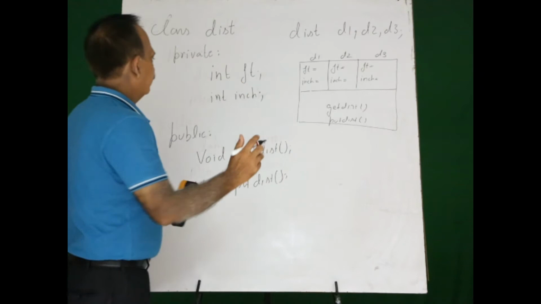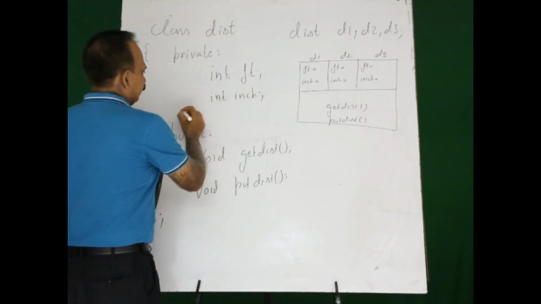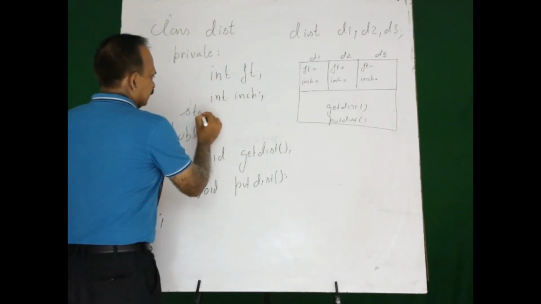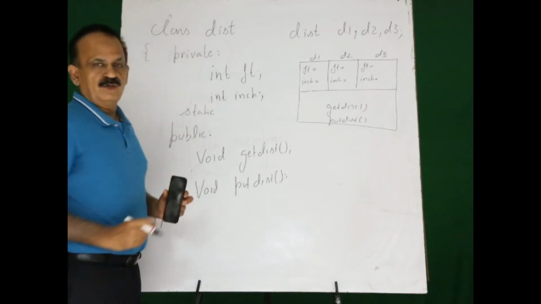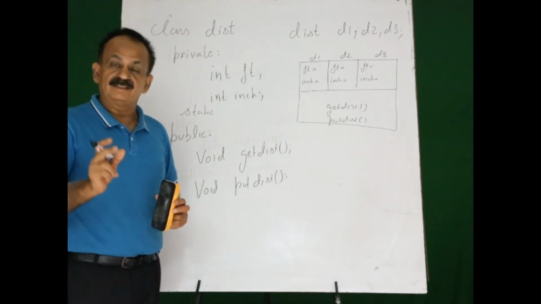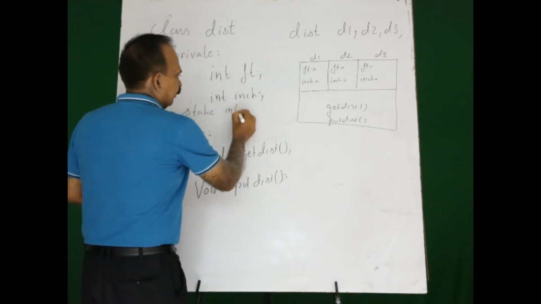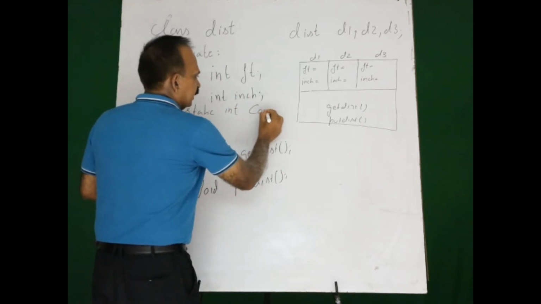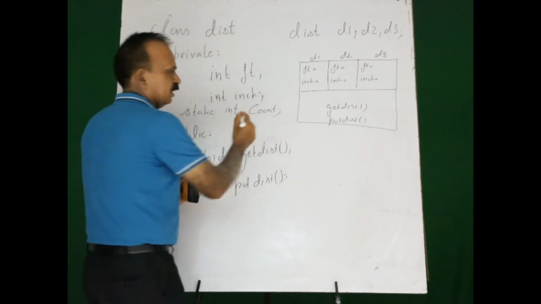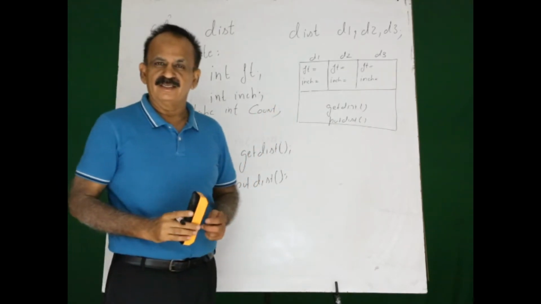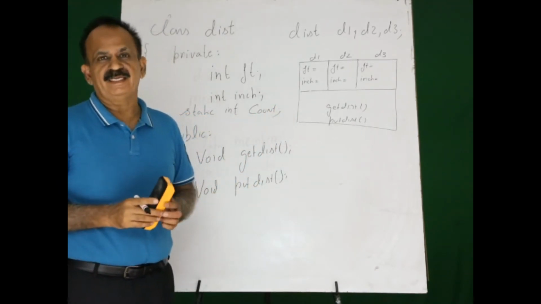Now how is this declared? It will be declared by writing the word static with the declaration. This is static. I will use the word static. Now this indicates this is a static data member, and say it is of type integer, and say the name of the variable is count. Now the question is where this variable will be created.